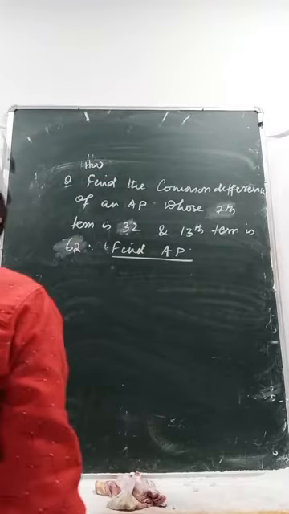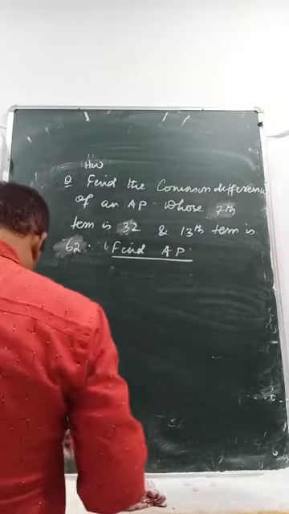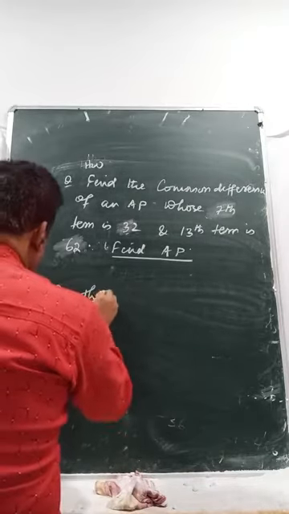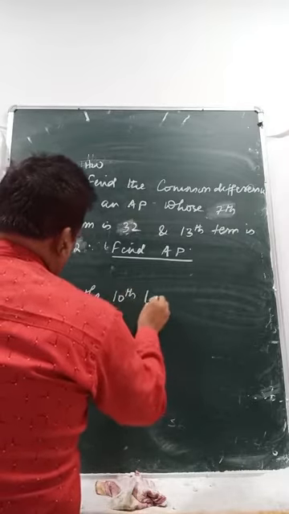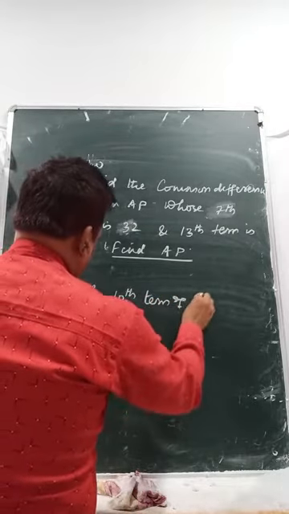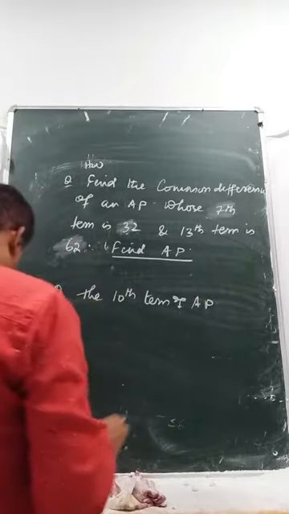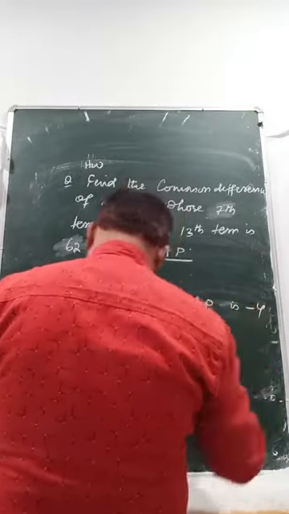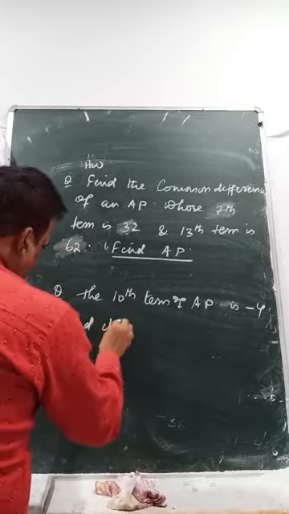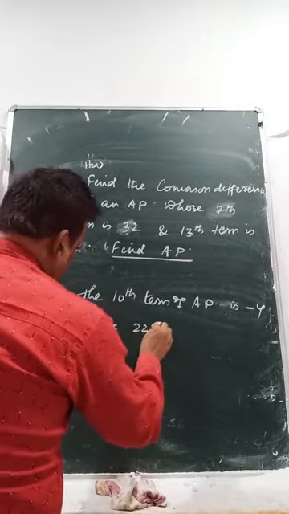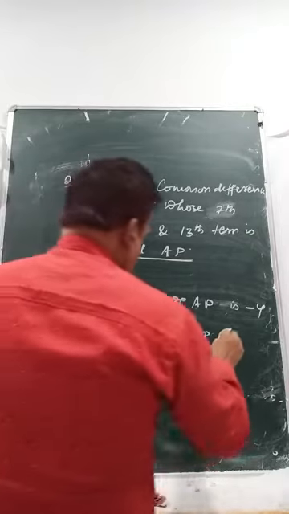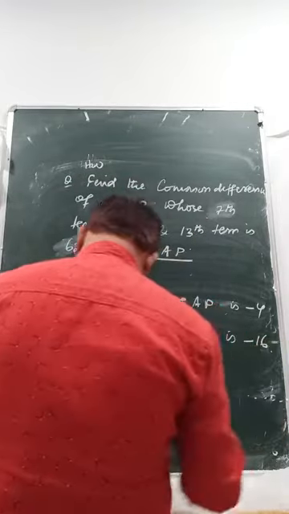That is, the 10th term of an AP is minus 4 and its 22nd term is minus 16.